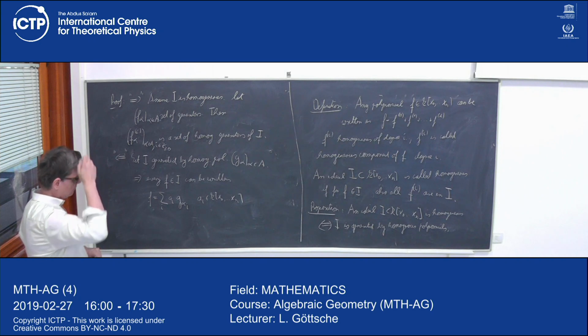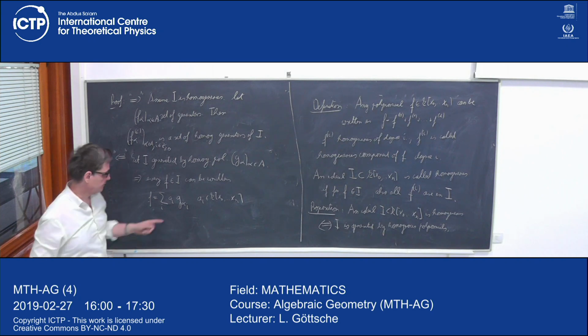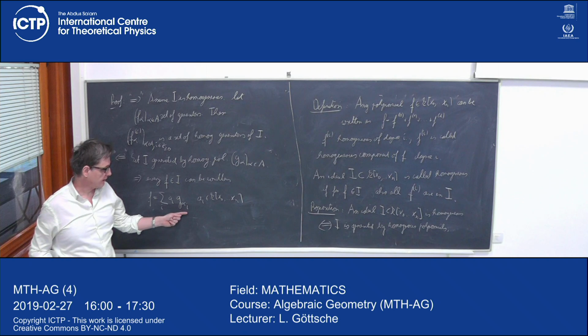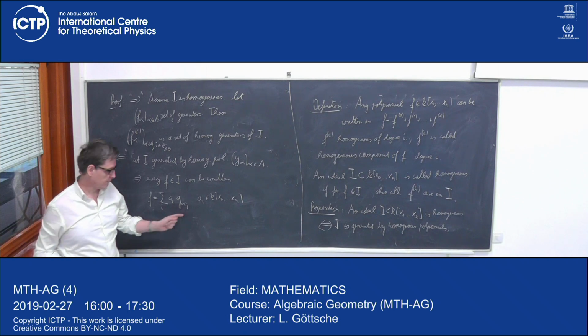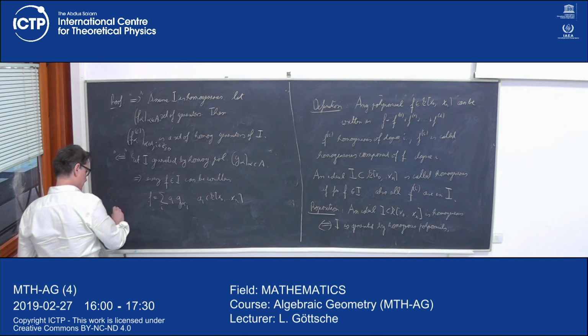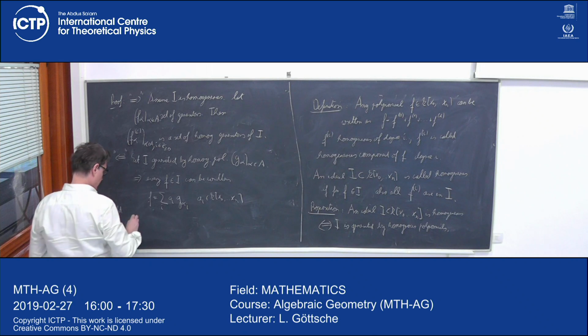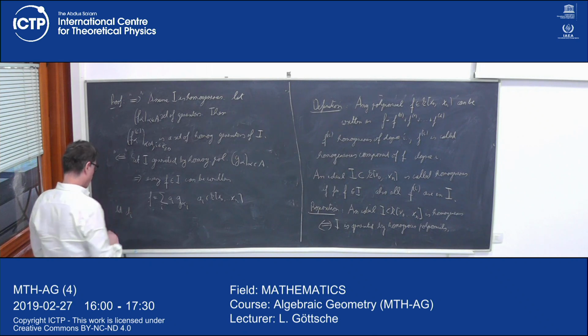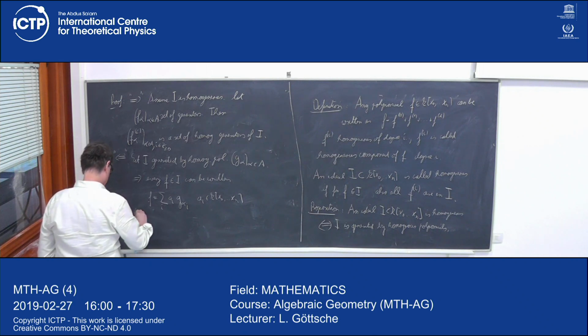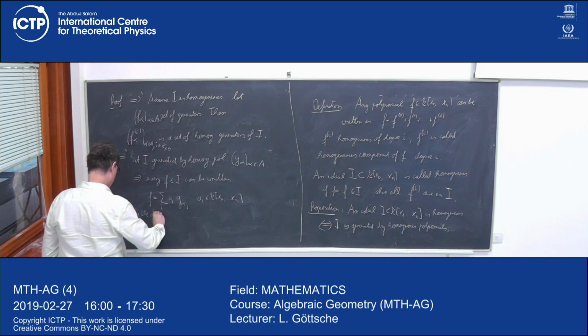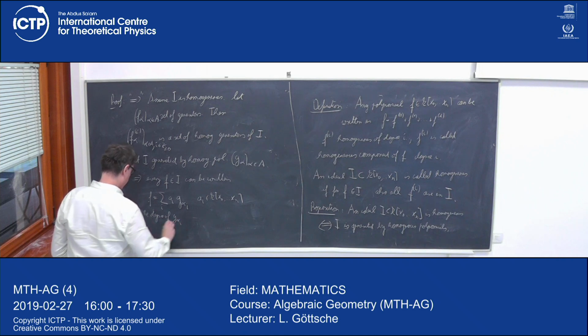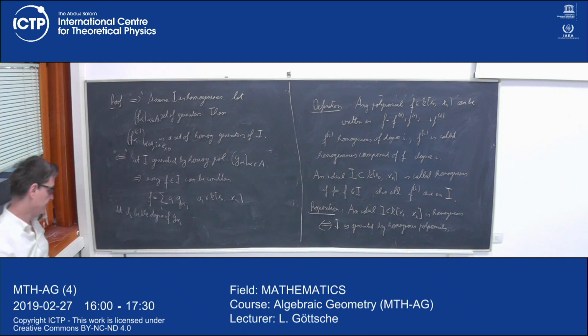Now, as these g_alpha_i are homogeneous, let d_i be the degree of g_alpha_i.